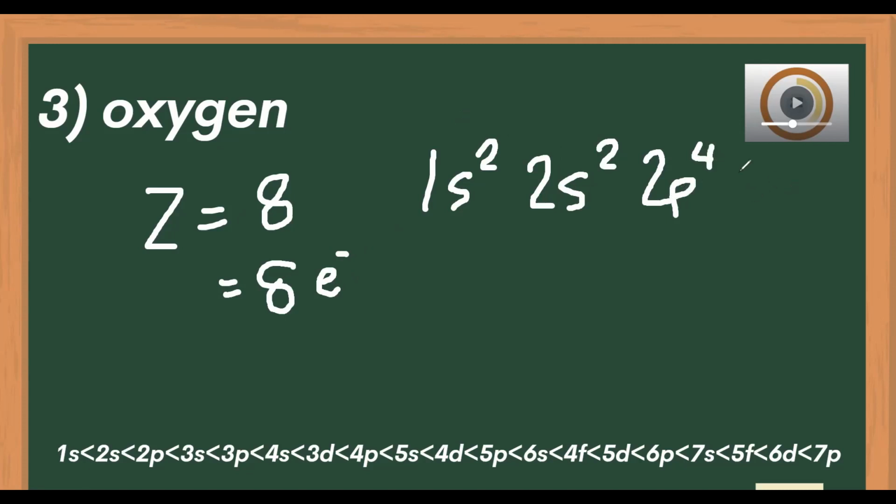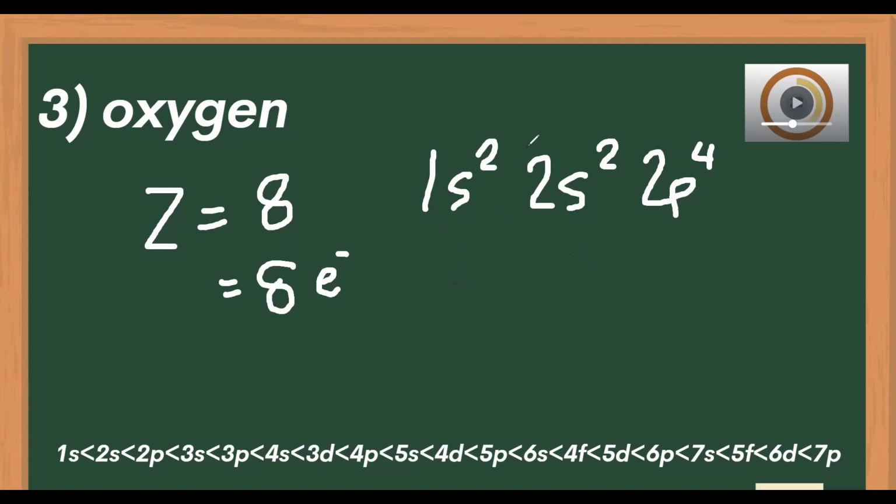Okay, so again, from what we have read a while ago, the abbreviated electronic configuration is the noble gas notation. So we have to consider the nearest noble gas for oxygen, and it must be below the number of electrons of your oxygen.